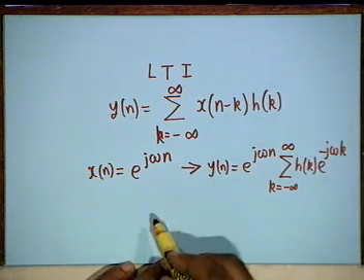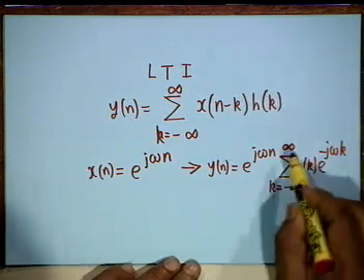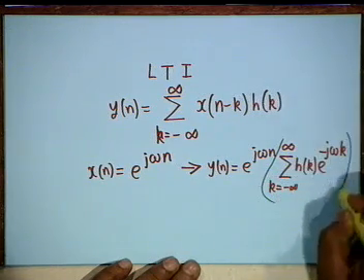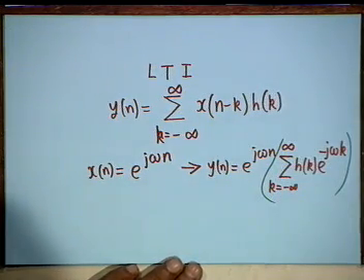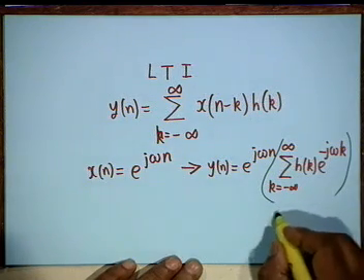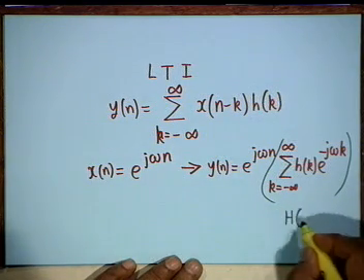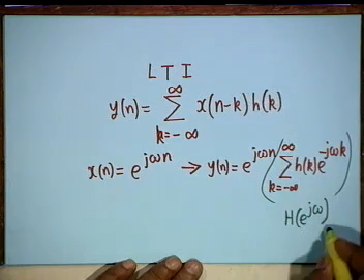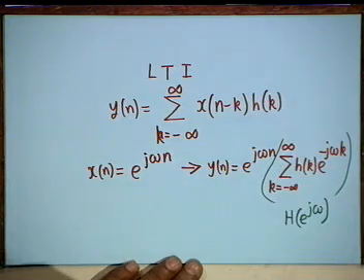And you notice that since this term is independent of n, it can be simply replaced by a constant h of e to the j omega, constant independent of n.